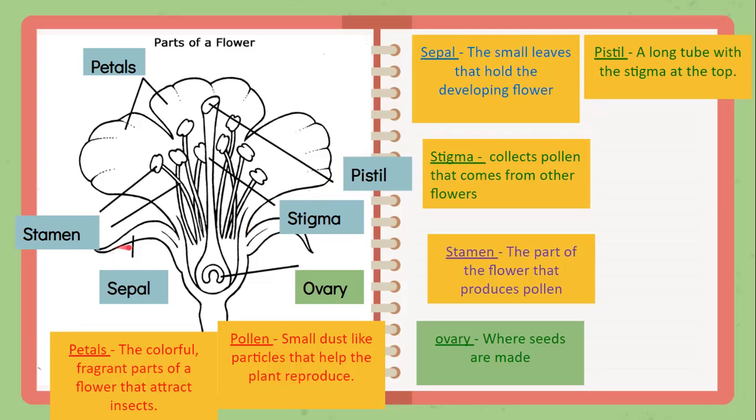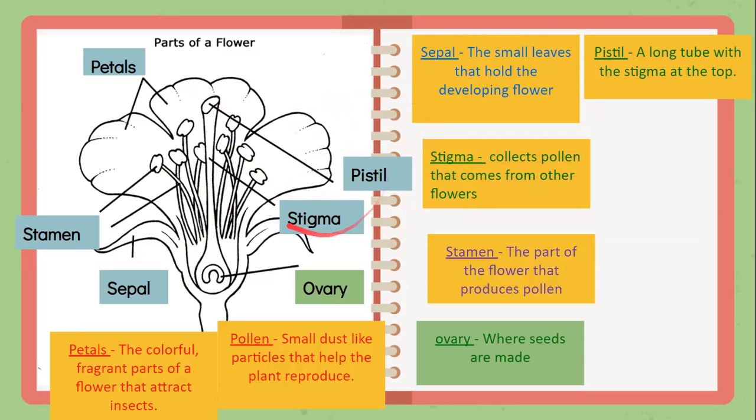So this is the sepal. Without the sepal, the flower won't be able to be stiff. The pistil is a long tube with the stigma on top. This is the long tube, and the pistil goes down, and this is called the egg. Some people call it the egg.